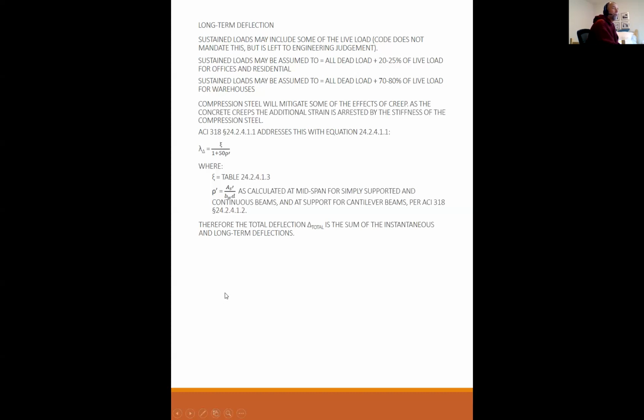Therefore, the total deflection is the sum of the instantaneous and long-term deflections. Delta total is equal to delta instantaneous plus this lambda delta factor times delta sustained.